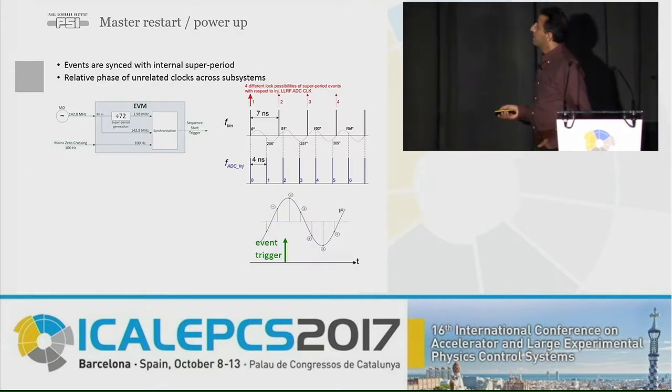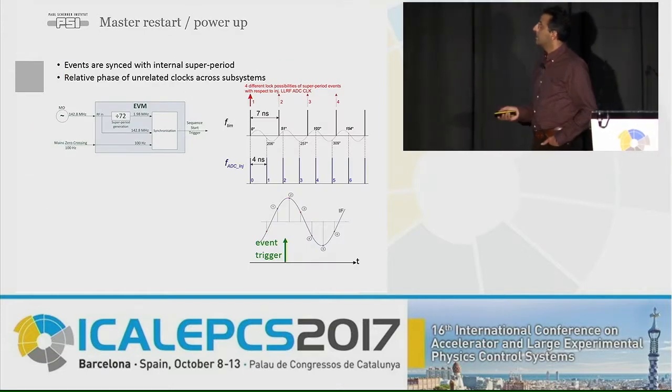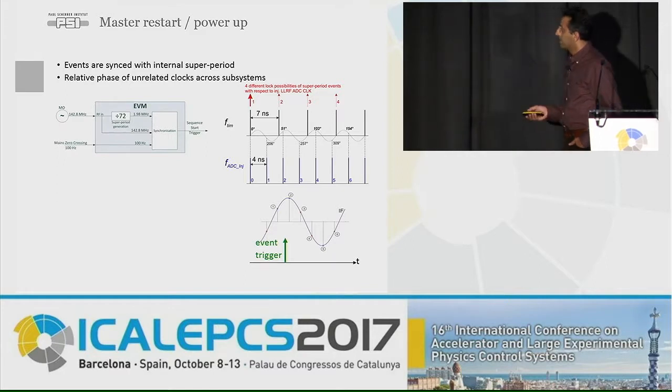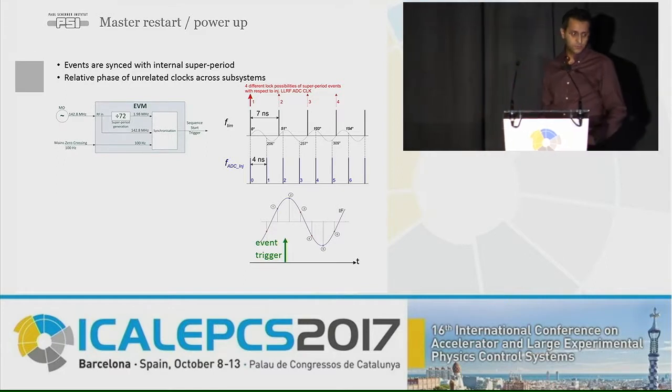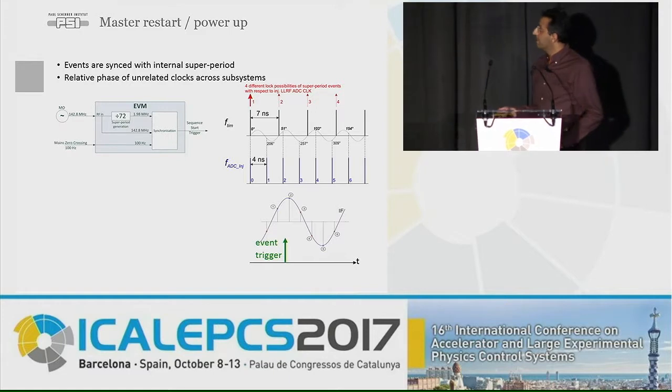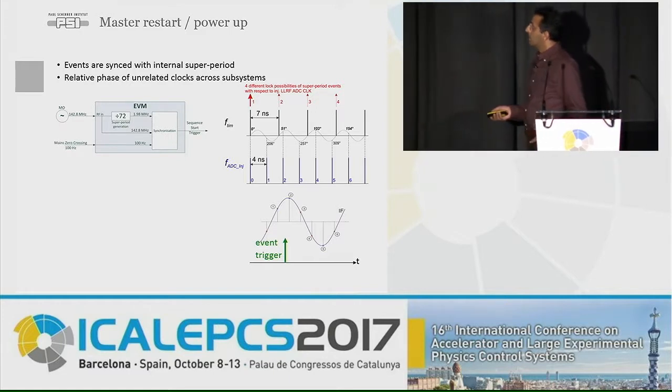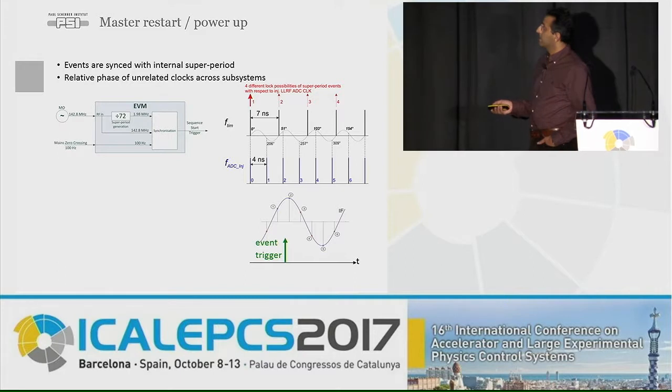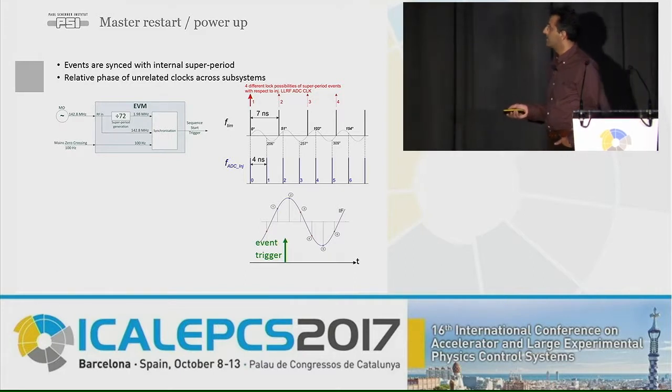Another issue that we faced during commissioning was the issue with the super period. The super period is supposed to synchronize the events with a majority of subharmonics of the reference clock, which is used in different systems.